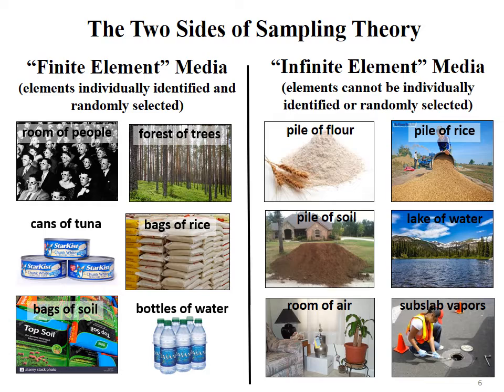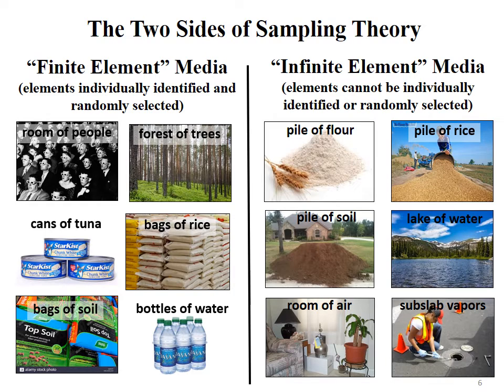Well, another type of media, it's very widely known in the agricultural industry and mining industry, but essentially unknown in the environmental industry until recently. It's referred to as infinite element media. In this case, the elements cannot be individually identified or randomly selected for testing.